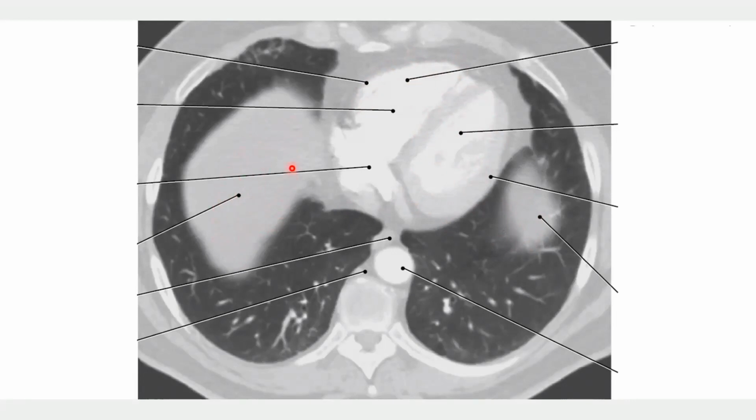So this is on the right side. I'm not sure whether this can be considered the liver, but these are shadows caused by the diaphragm.